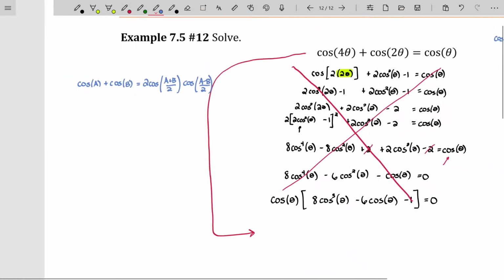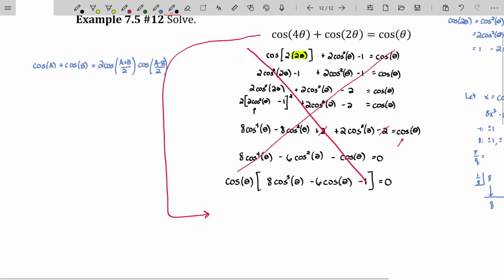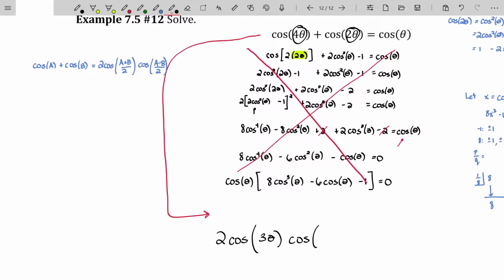So if you take advantage of that formula, then our equation becomes twice the cosine of the sum of 4 theta and 2 theta divided by 2. That's 6 theta over 2, or 3 theta, times the cosine of the difference of those two angles divided by 2. 4 theta minus 2 theta is 2 theta. Divide that by 2, it becomes a regular old theta. And this is supposed to equal the cosine of theta.